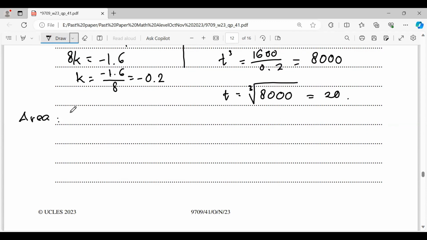The first area, integral 0 to 2 of 7.2 t squared dt.